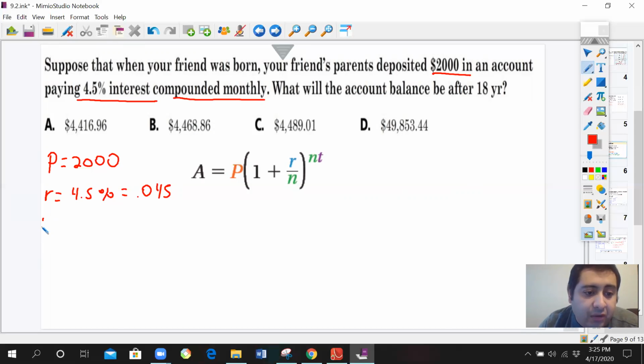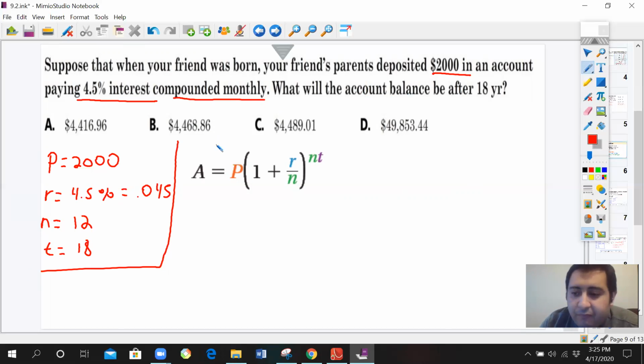So whenever you're doing monthly, monthly throughout the year is going to be 12 months. What will be the account balance after 18 years? So again, your time is going to be 18. So technically, this is the same information from the previous example that we just did. Just this number was the only one changed.